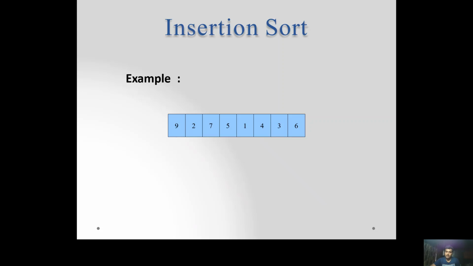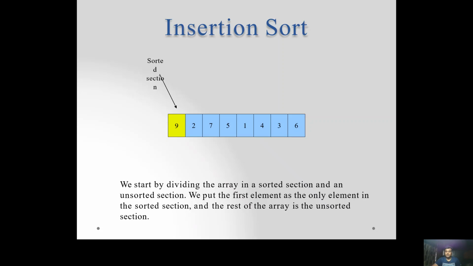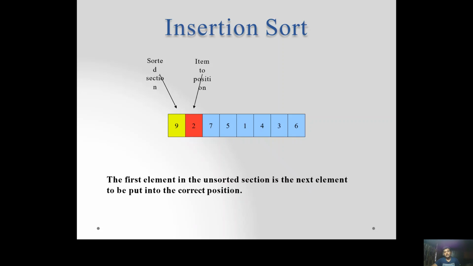So, to properly understand insertion sort, let's take an example of this unsorted array. We start by dividing the array into a sorted section and an unsorted section. We put the first element as the only sorted element in the sorted section and the rest of the array in the unsorted section.